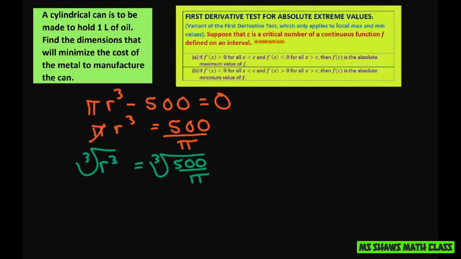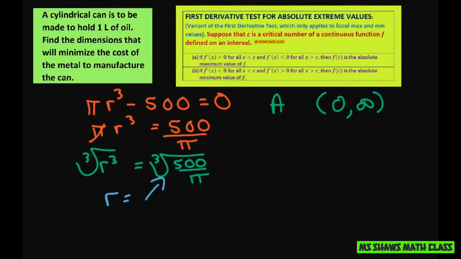And this is your only critical number. So our domain has to be from 0 to infinity for A. It can't be less.